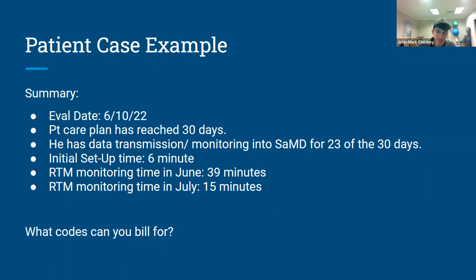Because we were 1 minute shy, we can only bill out the 98980, which is again that first set of 20 minutes. The 30-day rental supply, which is 98977, we didn't meet that requirement because we can see there are 23 days of data transmission monitoring. And the initial education, 98975, we can bill out, because we also had at least 16 days of the data transmission and monitoring.